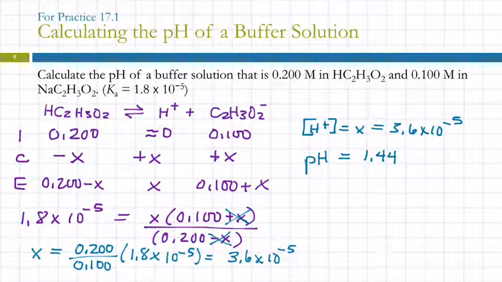Any questions about that one? That's a good question. What happened to the sodium ion? The sodium ion is a spectator. So I didn't write it in there. So sodium acetate is an ionic compound, right? So that's going to dissociate completely.